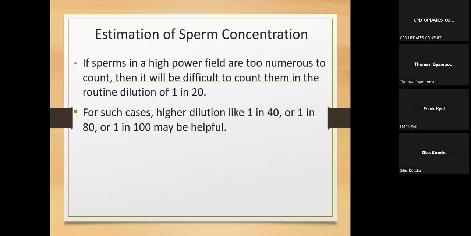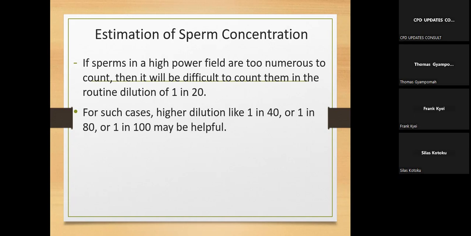You can't count them. And therefore, you want to, let's say, do even a 1 in 100 dilution. If you want to do a 100 dilution, don't go back to the specimen and work out how much of the specimen to collect, how much of the diluting fluid to collect to give you 100. No, you don't have to do that.